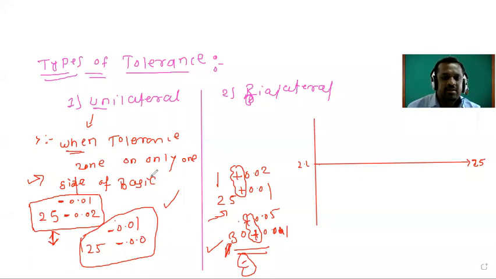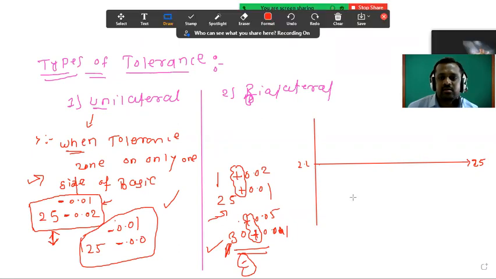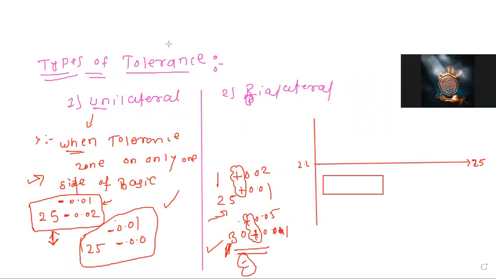Now tell me, what is the tolerance zone for this 25? Minus 0.01. Okay, what is the upper limit and what is the lower limit for this? Calculate, minus 0.01. Just a moment.